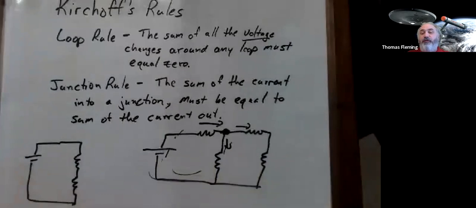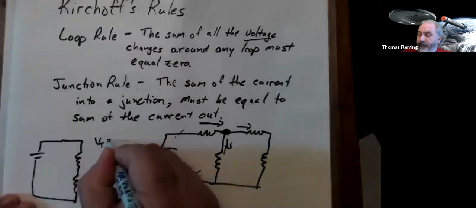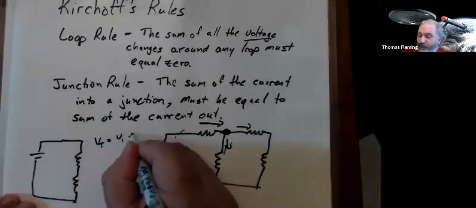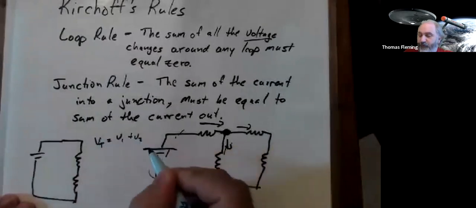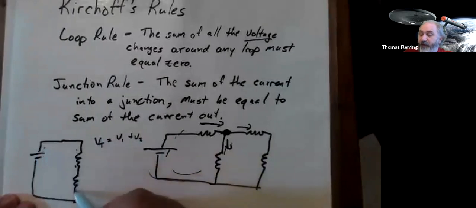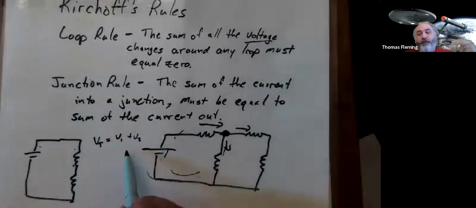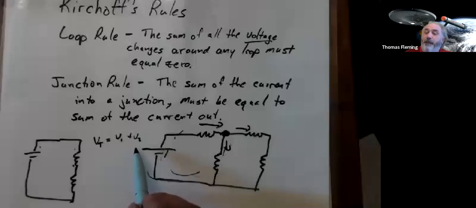We said for those 2 resistors in series that V total had to equal V1 plus V2. All we're saying there is that the increase we got from this had to equal the 2 drops there. That's the loop rule. So when we wrote that expression and used that to derive the equivalent resistance relationship, we were secretly using the loop rule the entire time.